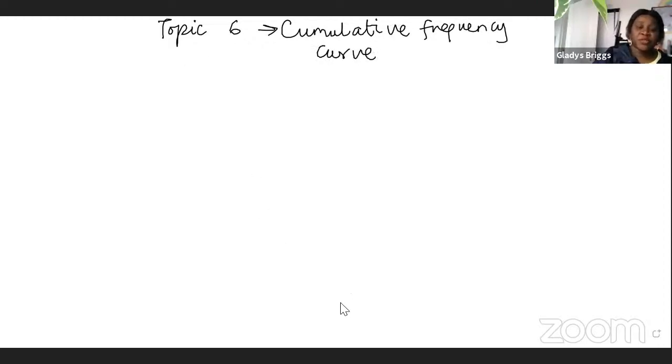So that's what you need to write in your book for me. That's what we're doing right now. The cumulative frequency curve is also known as an ogive. Ogive. Yeah. Okay.